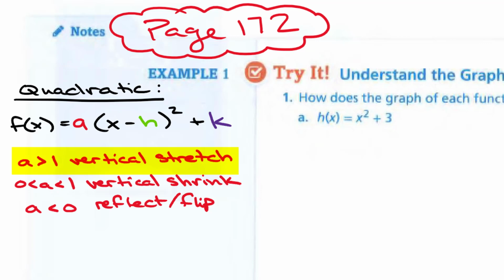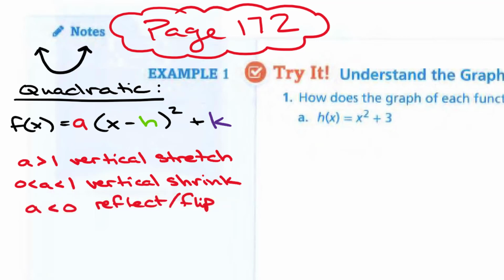You're going to pull it up and it's going to get thinner. If a is between 0 and 1, then you're going to have a vertical shrink. It's like you're pushing down the graph and it's getting wider. And then last, if a is less than 0, you're going to flip your graph or reflect it. So instead of opening up, your graph will open down.